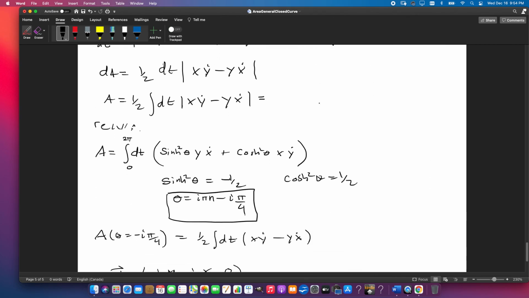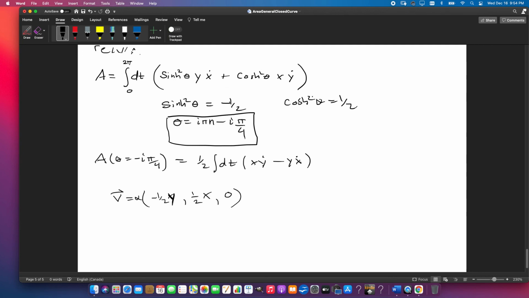Let's say take just some crazy curve like that. If I choose this vector, then I guess my area is equal to 1/2.